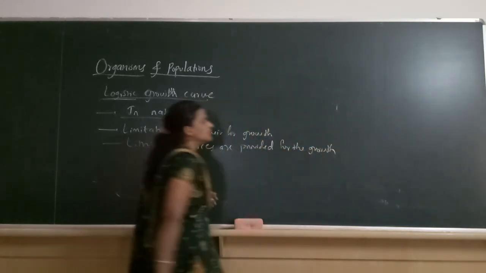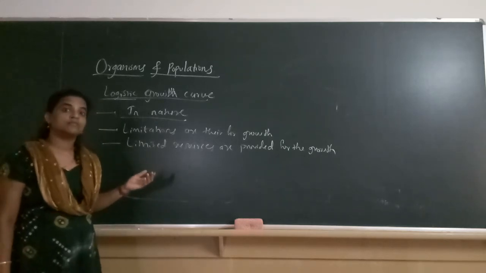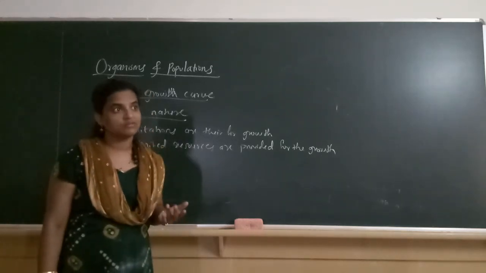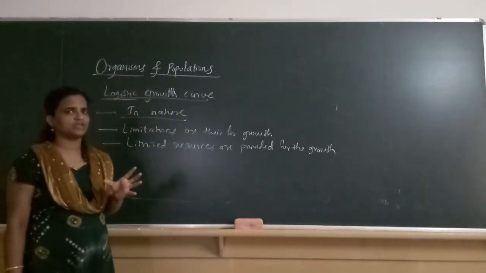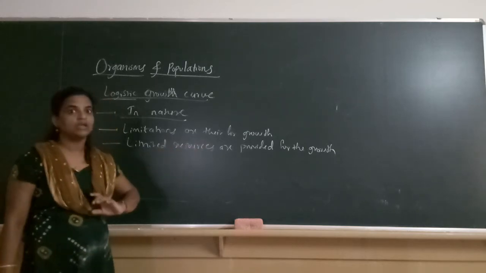Limited resources are sometimes temperature more, sometimes pressure more, sometimes water scarcity is there, sometimes there is food scarcity. Okay, these are the limitations of the resources. Limited resources are provided for the growth.